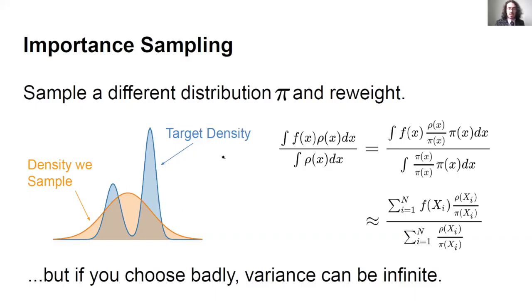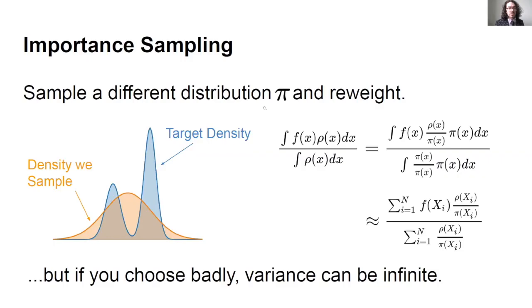We'll call this new density pi. Going back to our average, we can multiply and divide by pi, and then fold this ratio of rho over pi into the average we're actually calculating. Then we sample pi, calculate this new average, and that will converge.